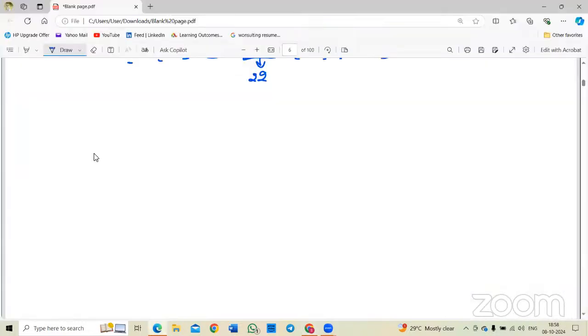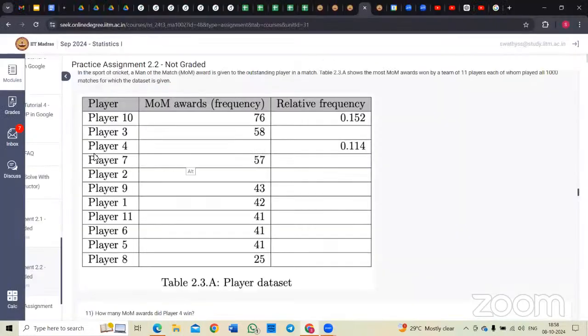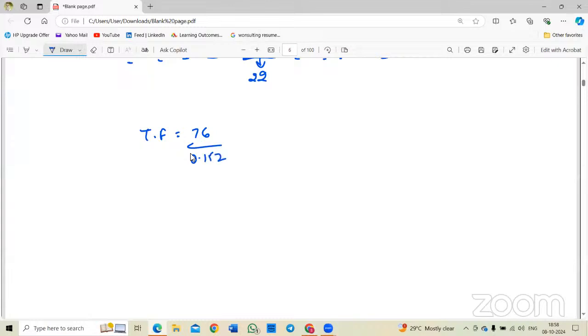Frequency is given 76. So total frequency will be 76 divided by 0.152. Right? So it will be how much? Correct. 500. Okay, so we have got the total frequency.